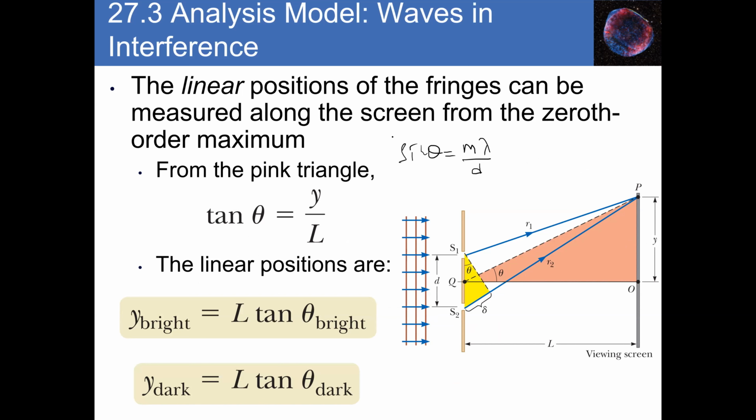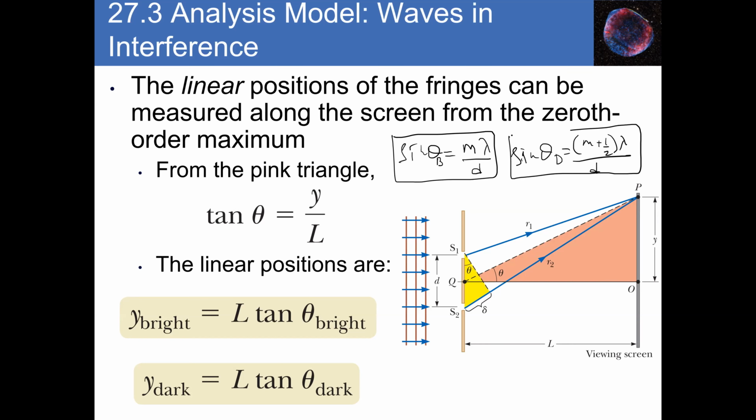So I can rearrange this equation. This is the angular position for the constructive, so let's say B for bright, and this is sine of theta dark equals m plus 1/2 times lambda over d. Okay. Those are the angular positions, and these are the linear positions for those fringes.